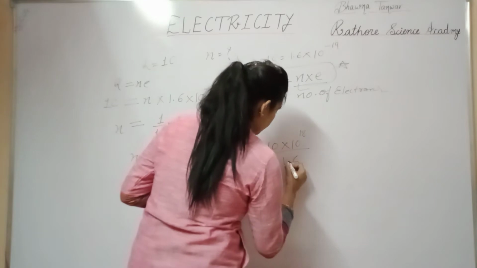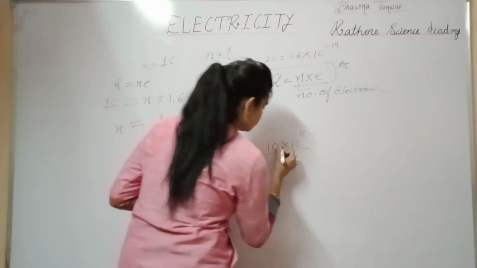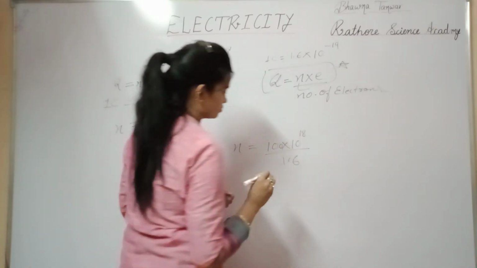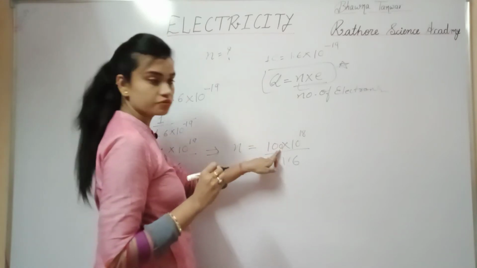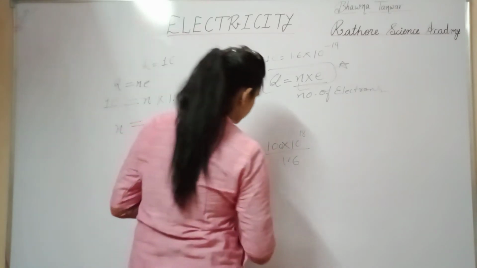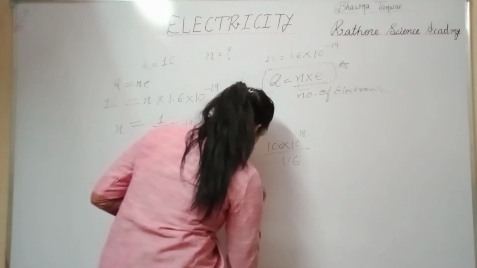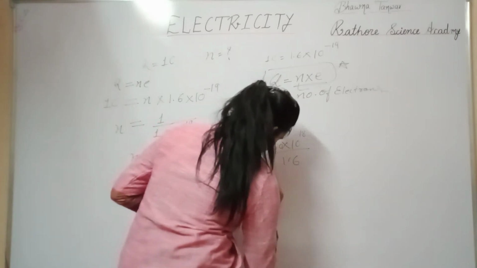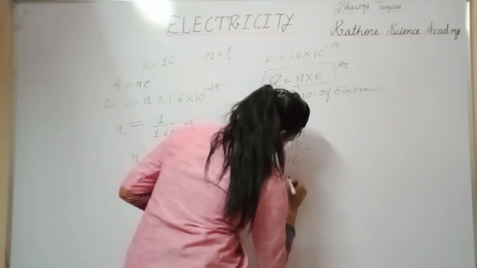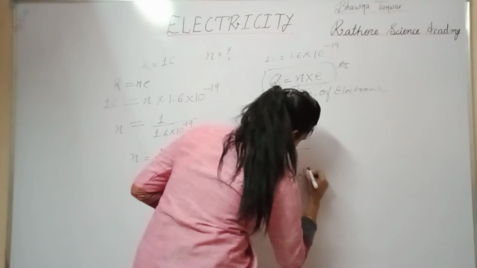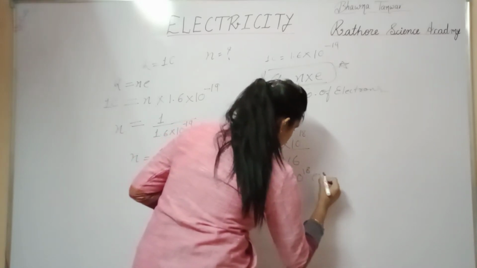Now remove this point, it will become 100. Now 100 upon 16, how much will it be? Calculate faster. It will be 6.25 into 10 raised to the power 18 electrons.